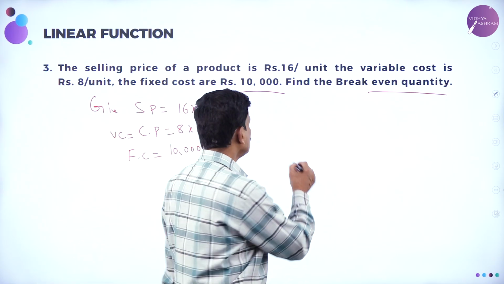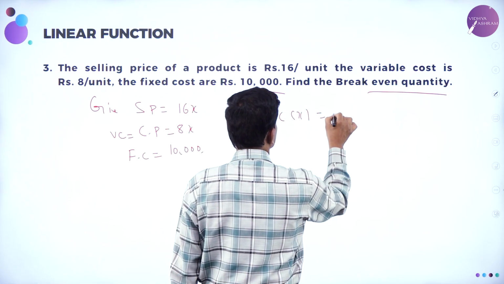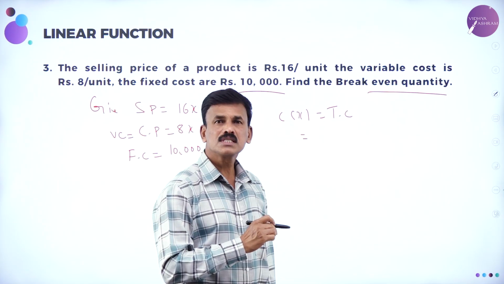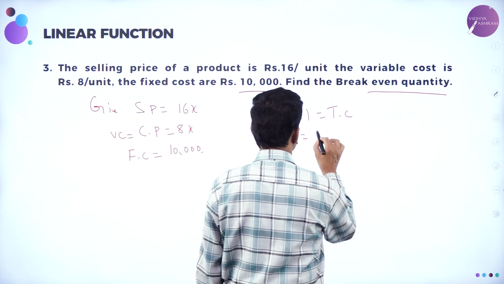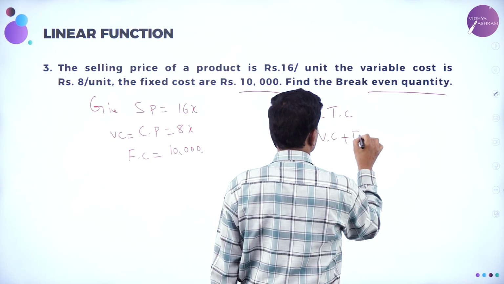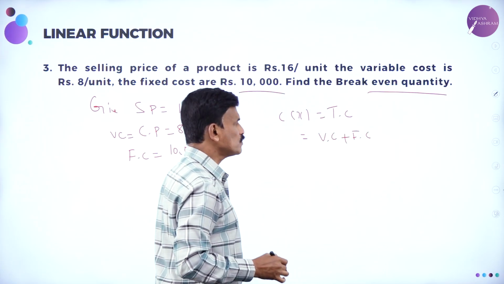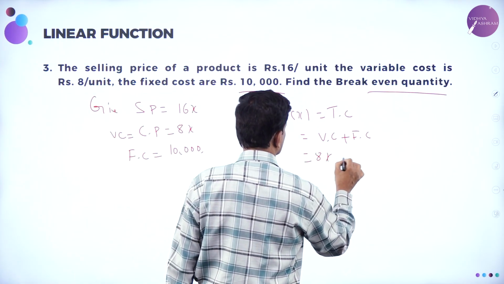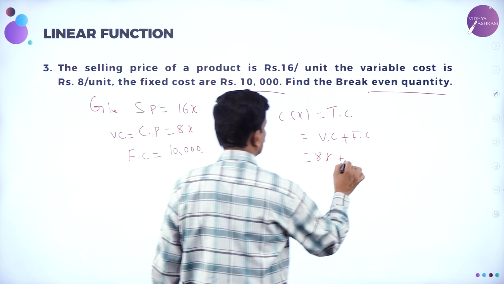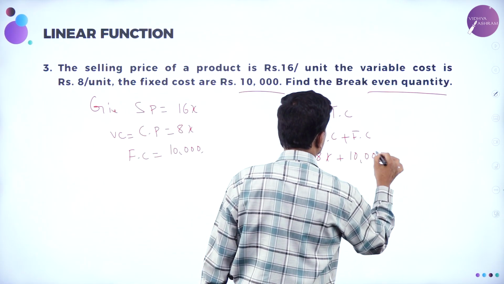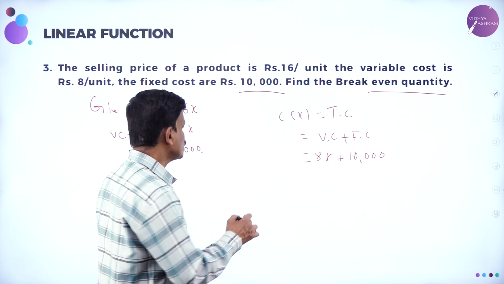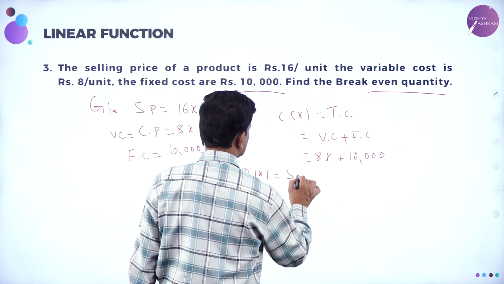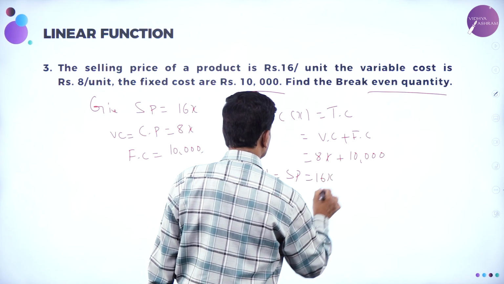Now, we know that C of x is equal to TC, that's also equal to total cost. This is nothing but VC plus FC, variable cost plus fixed cost. Substitute here. What is variable cost? 8x plus fixed cost is equal to 10,000. Okay. Now, R of x is equal to SP, that's equal to 16x.